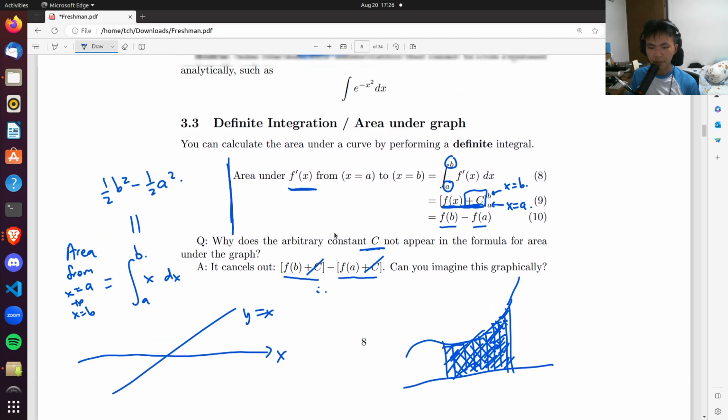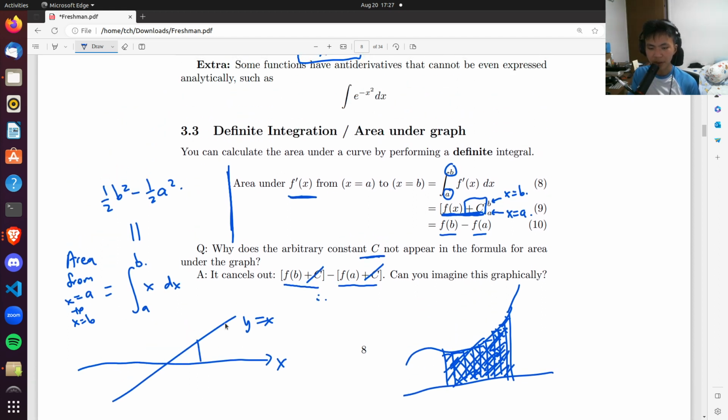Now, just now I plugged in some positive values for a and b, but what if I plugged in a negative value for a? If I plug in a negative value for a, there is an interpretation, because this is x equals 0, right?